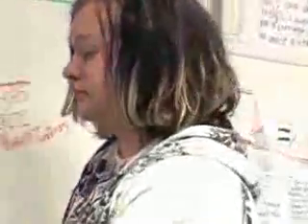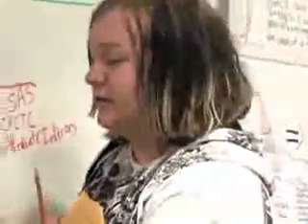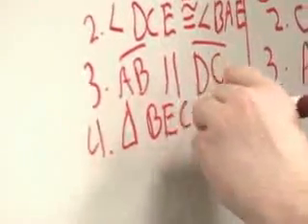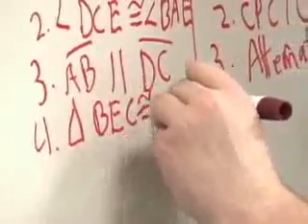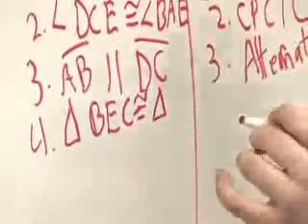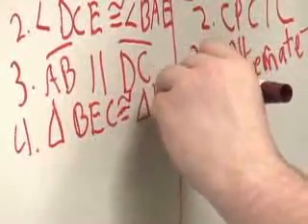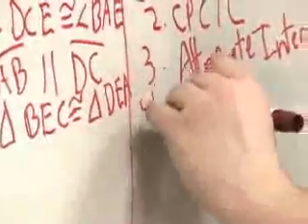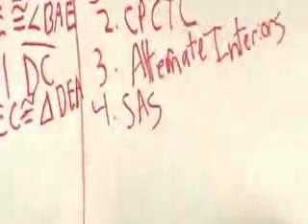And then you have triangle BEC is congruent to triangle DEA. And that's also because of side angle side. So it's side 2, angle 2, side 1.